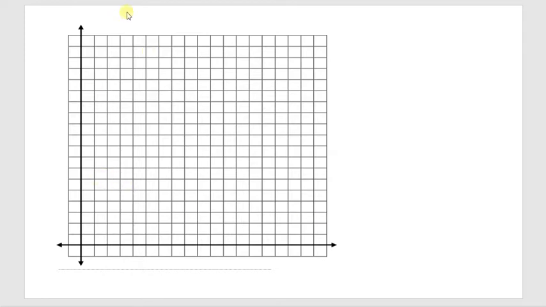Okay, so our X is going to be horsepower, and our Y is going to be fuel consumption.